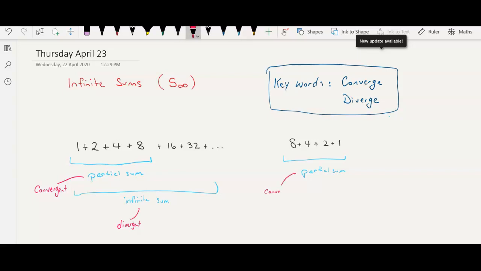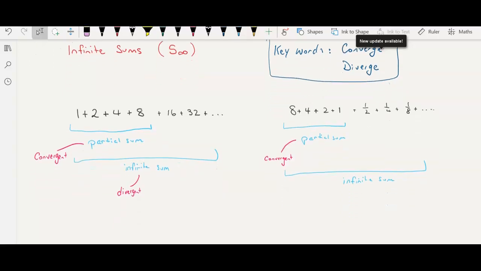So that's convergent. But let's continue, and this is where it gets interesting. We're halving, and we're halving forever. So now this whole sum is an infinite sum. And what's happening? Is it divergent or is it convergent? That's the question.